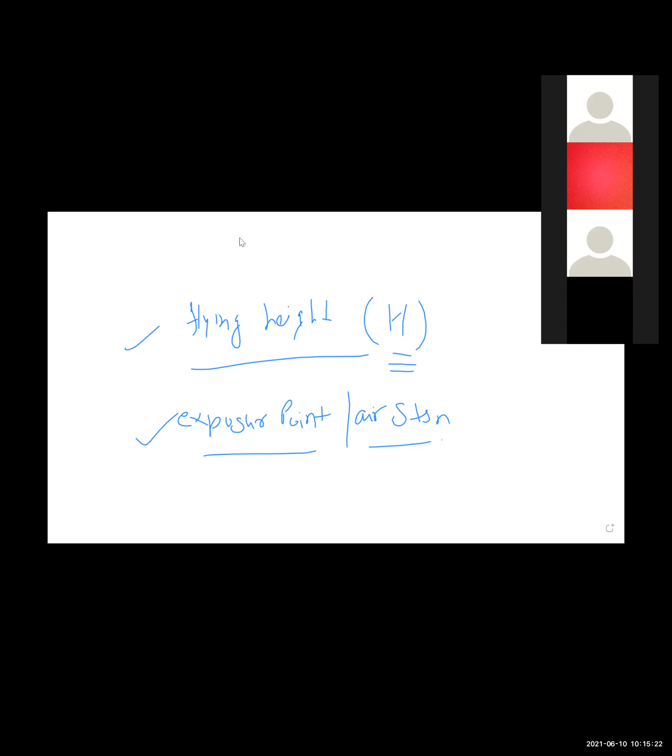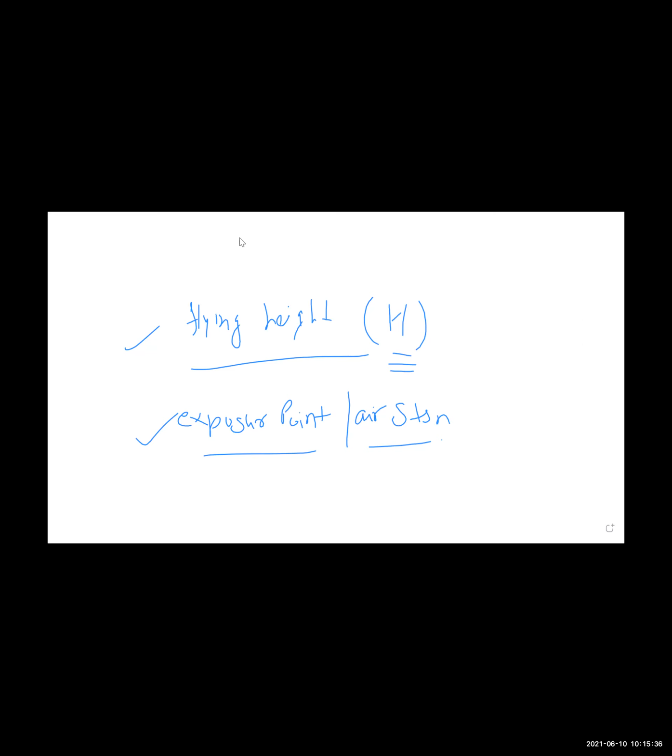So exposure point or air station is the exact position of the front nodal point of the lens in the air at the instant of exposure. Means the camera is fixed and the lens is exactly fixed at the time of exposure, means at the time of clicking the image or focusing the image.